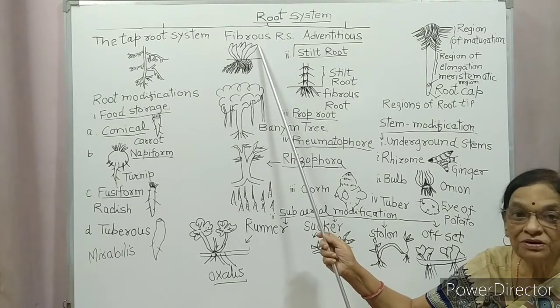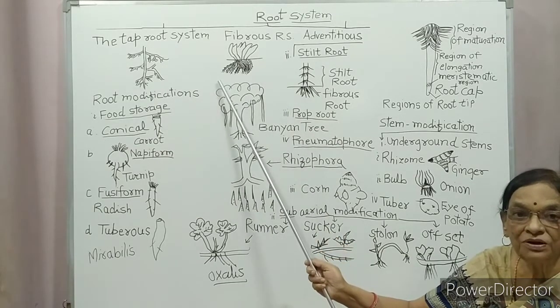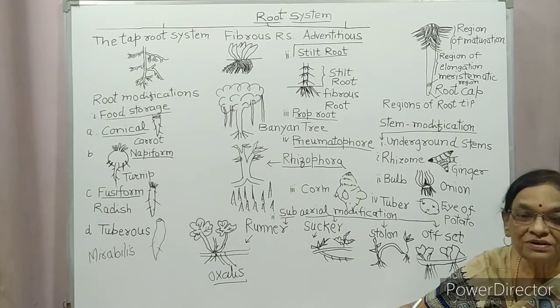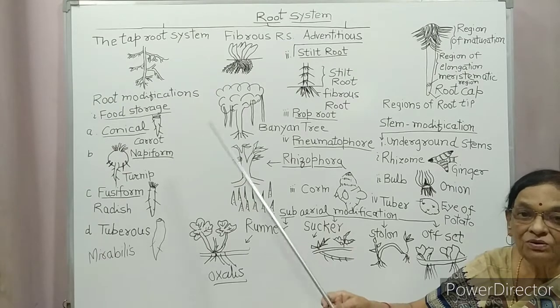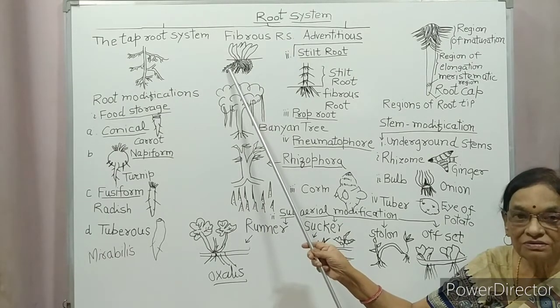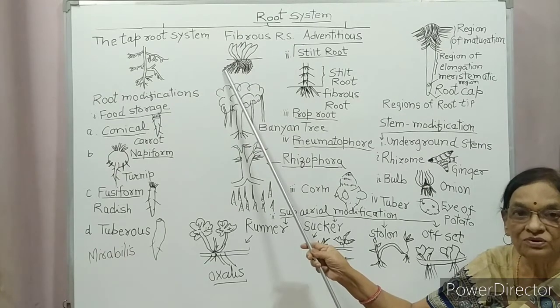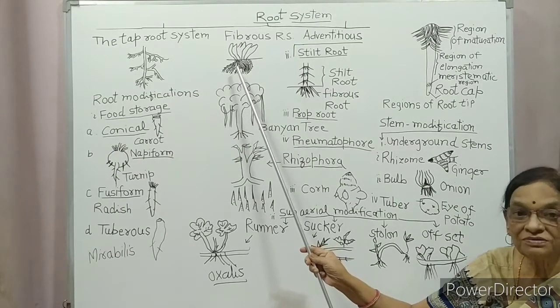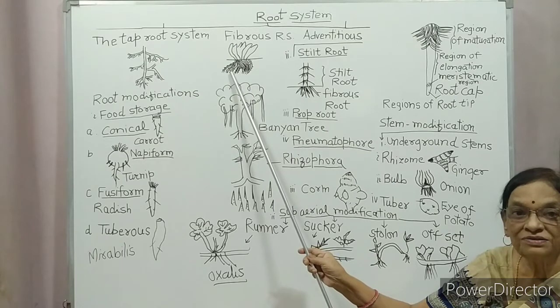What is fibrous root? In fibrous root, the radicle disintegrates and from the lower part of the stem arise branches of root which are similar in size and shape. So it is called fibrous root.